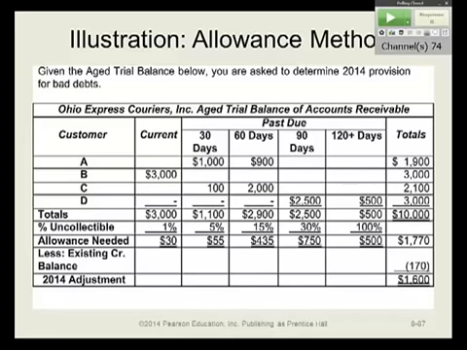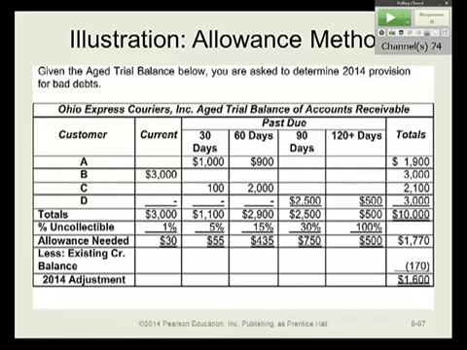So remember, your general ledger is the control account that has $10,000 on the balance sheet. But inside the company, you have customer names or customer numbers, and those customer accounts are individually recorded and analyzed. So customer A owes $1,900. They have $1,000 that's current, $900 that's 60 days past due.